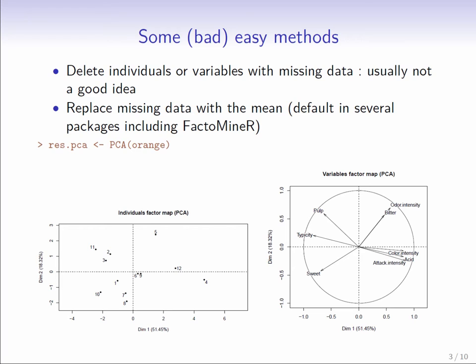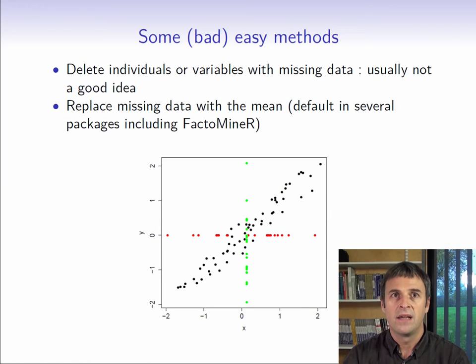To understand why, let's take an example with 2 variables, x and y, strongly correlated, both with missing values. If we impute missing data by replacing it with the mean, this is what we get. The black points are individuals without missing values, and the strong link between x and y is very obvious.